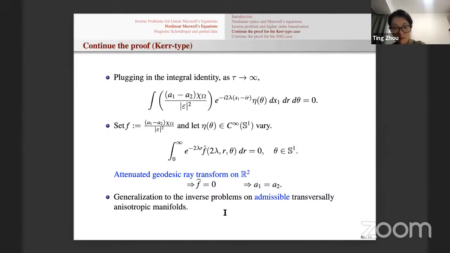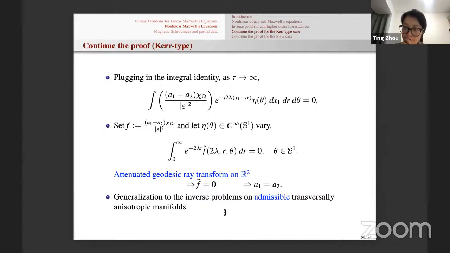And in the case of R2, you use Novikov's result or Bukhgeim's result, is that right? In R2, for the inversion of the attenuated ray transform.